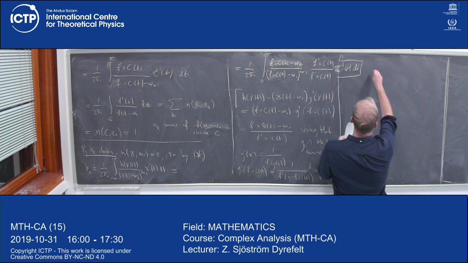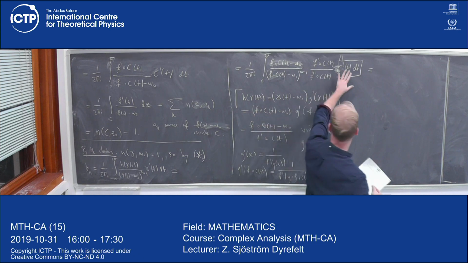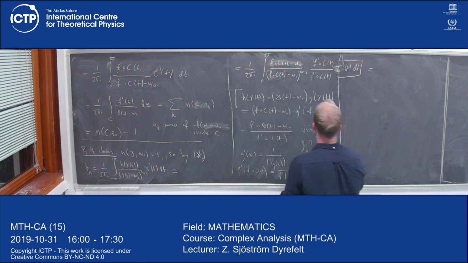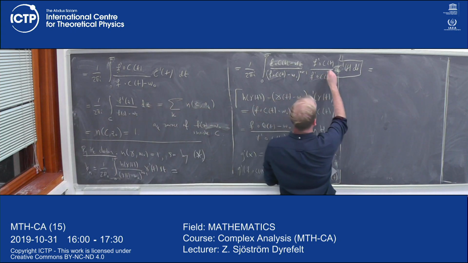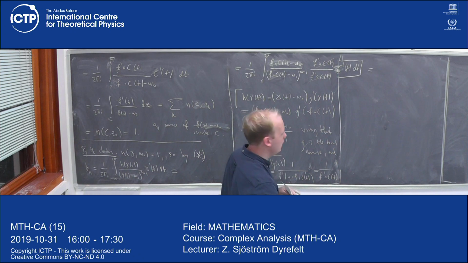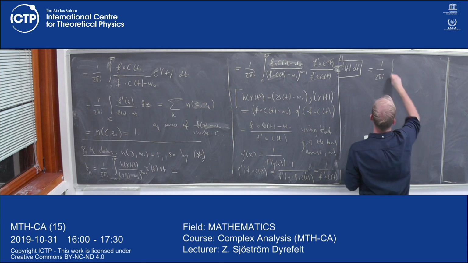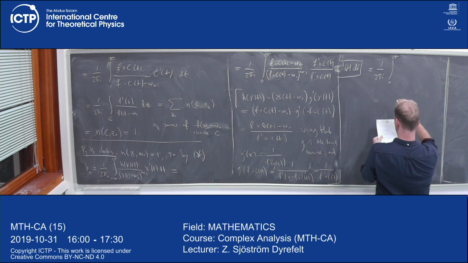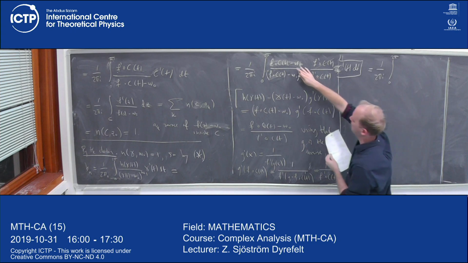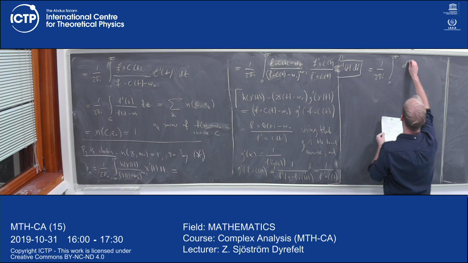So let's continue then. So this was just for justification. Now we continue this. What is this equal to? Okay, so we of course have things that cancel. So this one cancels to this. So it is equal to 1 over 2 pi i integral from 0 to 2 pi of this over this, but I can write this as dt.